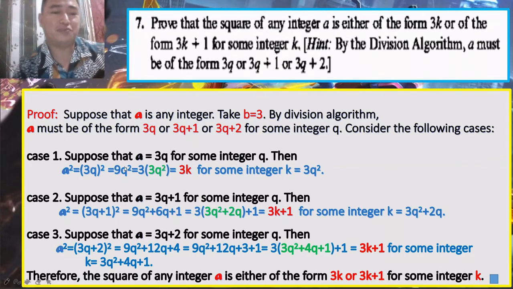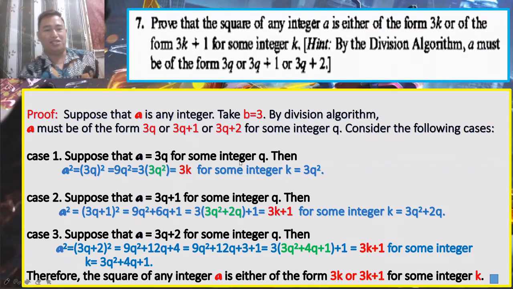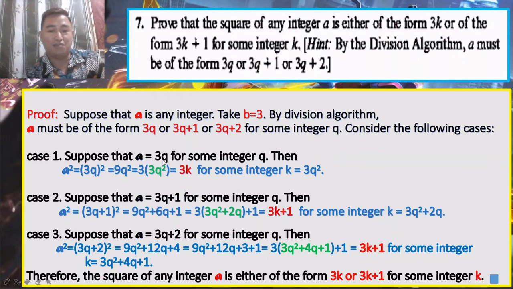Okay, now consider the following cases. Case 1: suppose that a is equal to 3q for some integer q. Then a squared, since the square of any integer a is either of the form 3k or 3k plus 1, is equal to 3q squared, which is 9q squared.